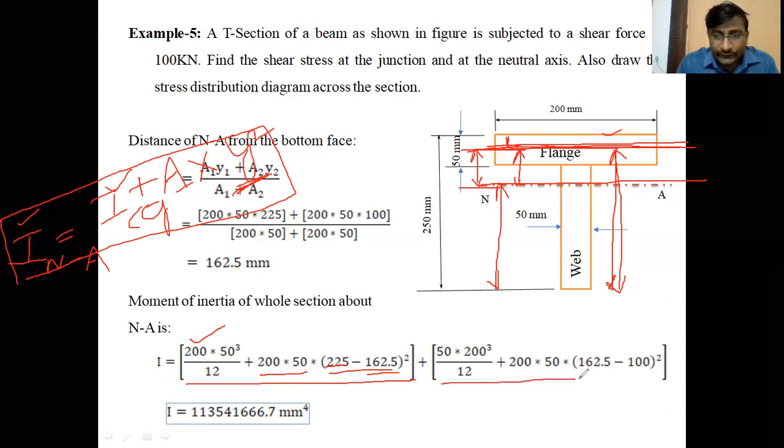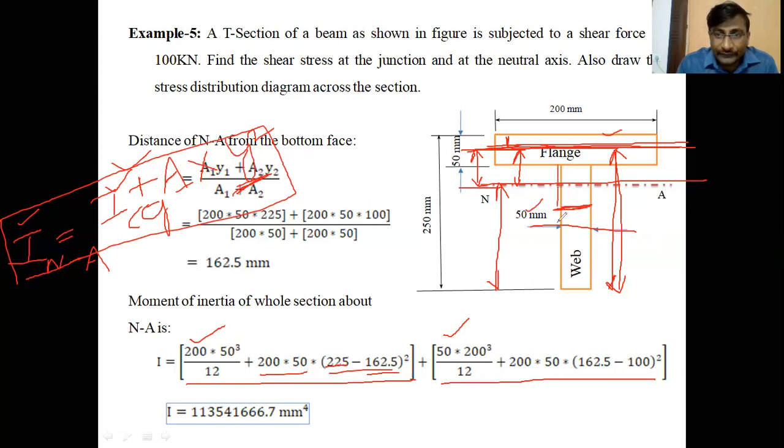Similarly, the moment of inertia of the web about the neutral axis, by using the same formula, the parallel axis theorem. So the moment of inertia about the center of gravity of the web, we know that it is bd cube by 12 again. Here b is the breadth of the web, which is 50 mm.